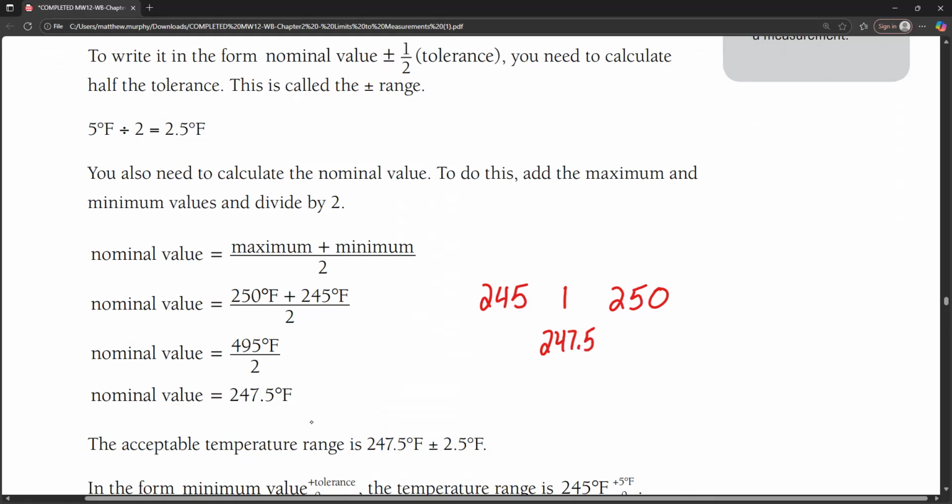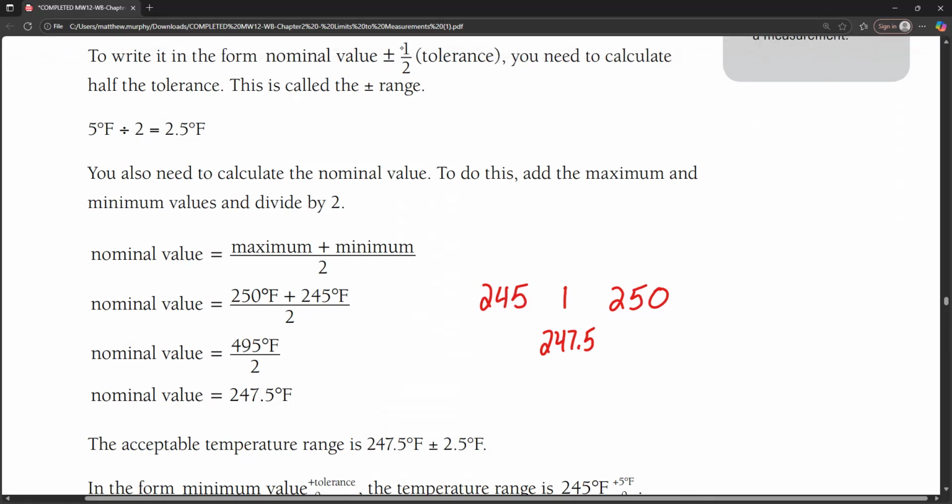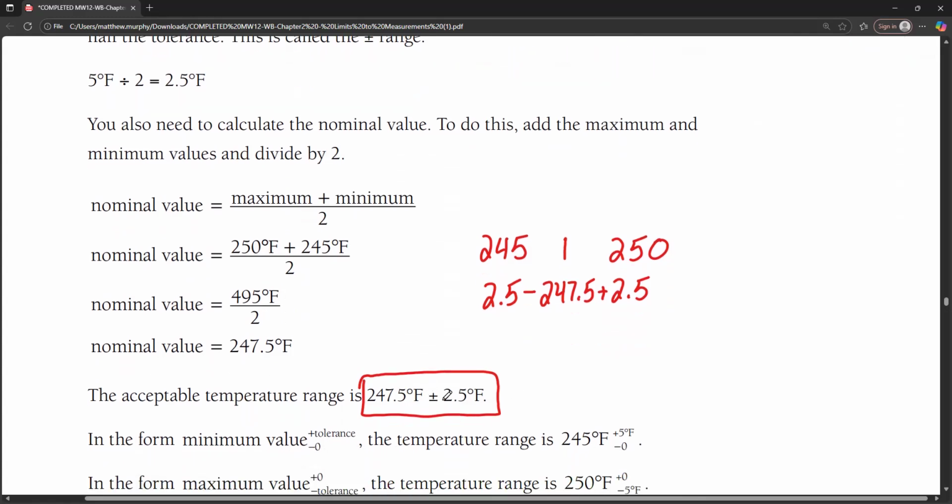And then this plus or minus half the tolerance, well, if our tolerance was 5 degrees, because between 245 and 250 is tolerance, when you go to write it like this down here, it's just covering all the way up to the max. So if I add 2.5, I will get to here. If I subtract from here 2.5, I will get to here. So it covers the entire tolerance.